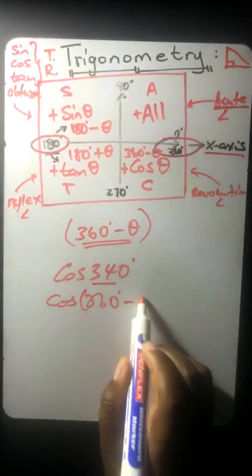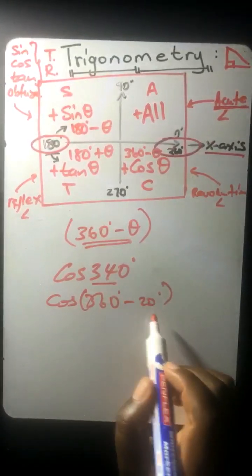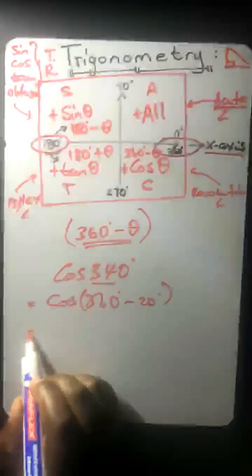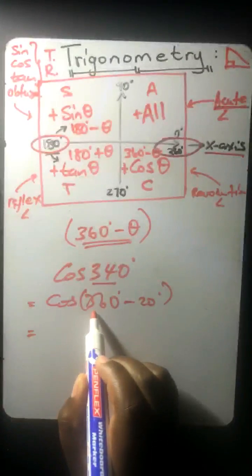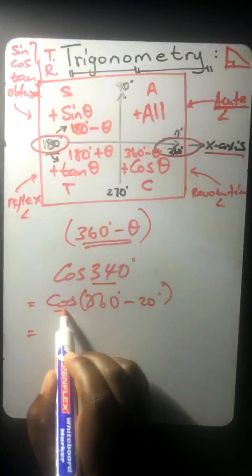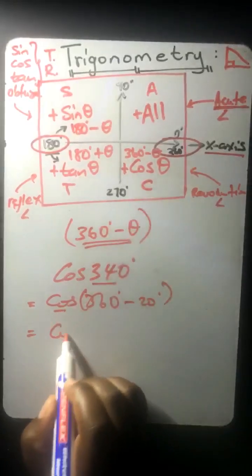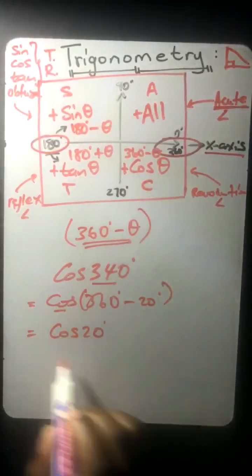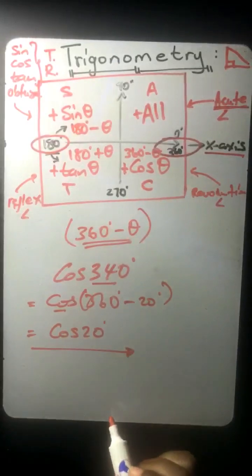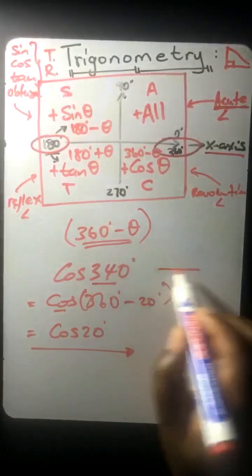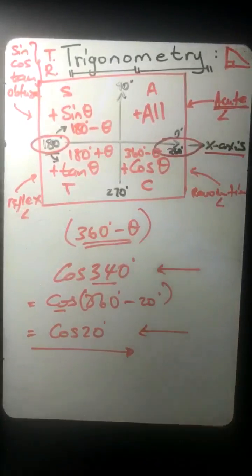I think minus 20 degrees. It is the one that gives you that. Is this thing positive or negative in that quadrant? I think it's positive. So that means this thing is the same as that. So last confirmation, does it give the same answer?